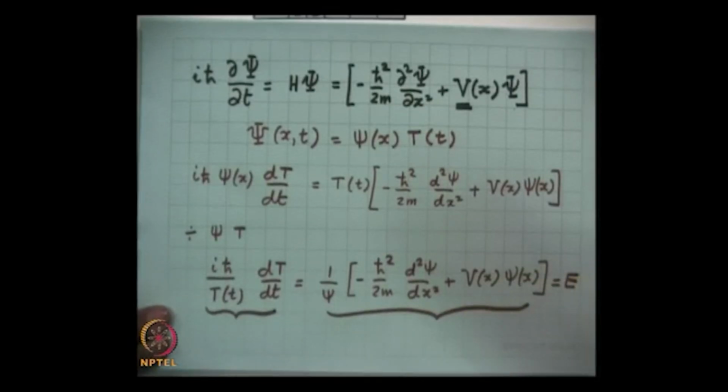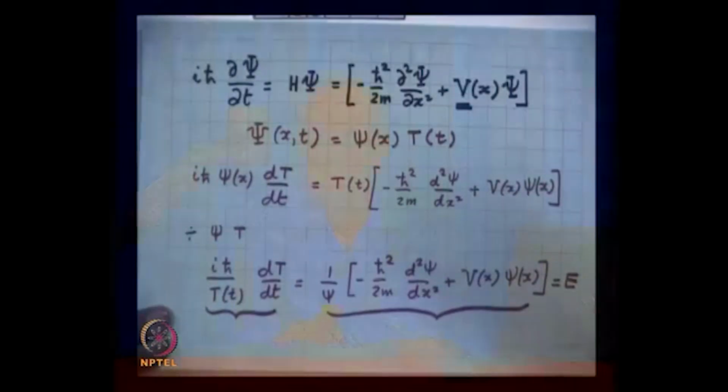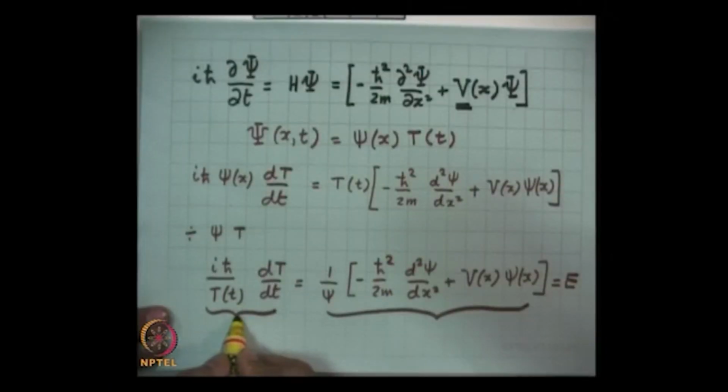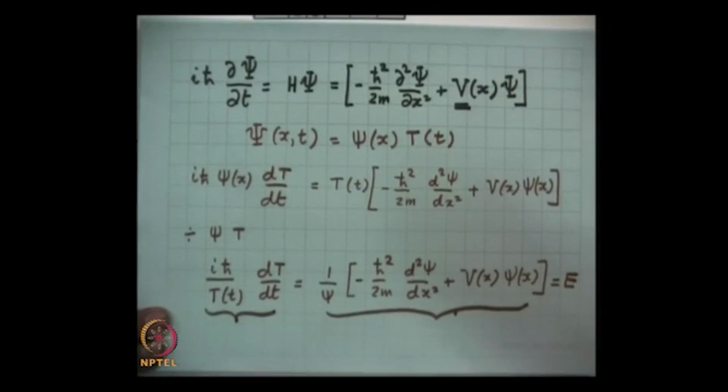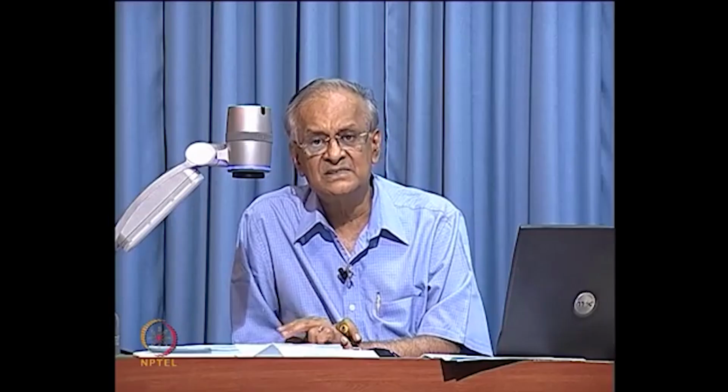It cannot be a function of x, it cannot be a function of time, it has to be a constant. We say that the method of separation of variables has worked, and so each side is set equal to a constant.